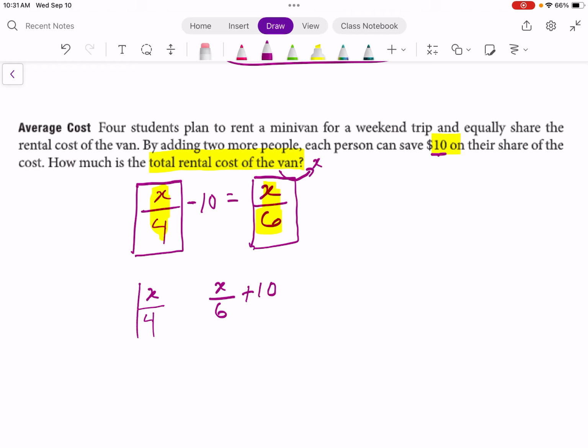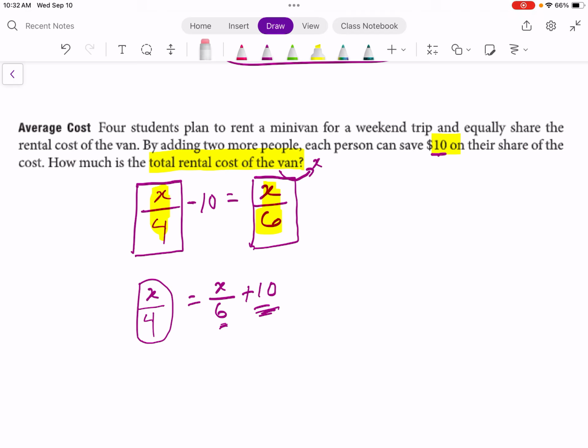This is the cost at first when you are 4, and when you add 2 more people, you save $10, meaning plus 10. And these two are the same equation, right? From the first equation, if you add 10 on both sides, you will get the second equation, okay?